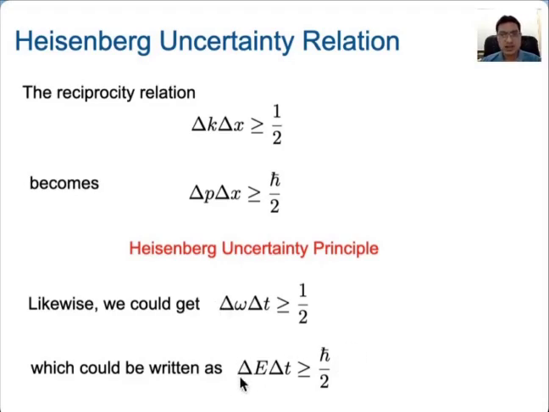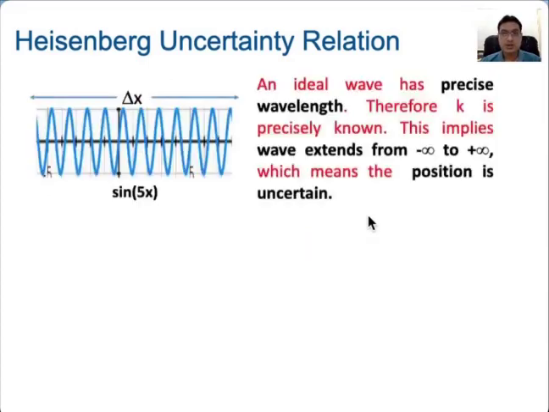So this is the energy-time uncertainty relation given by Heisenberg, and this is the momentum-position uncertainty relation given by Heisenberg. Okay.